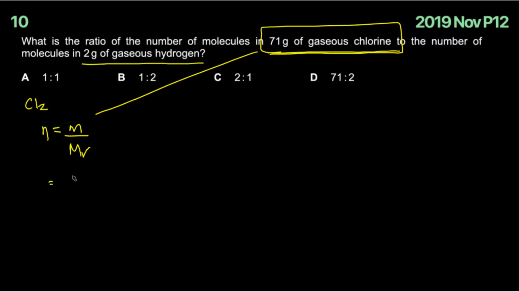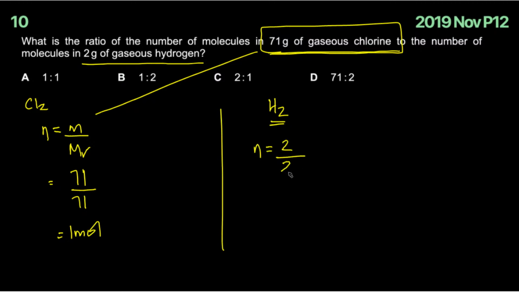So here it is 71. This is 1 mole, and hydrogen is H2. Remember, it's 2 grams over Mr of 2, so it also comes out to 1 mole. So the mole ratio of both is 1:1. So the atom ratio will also, or molecule ratio, sorry, will also be 1:1.